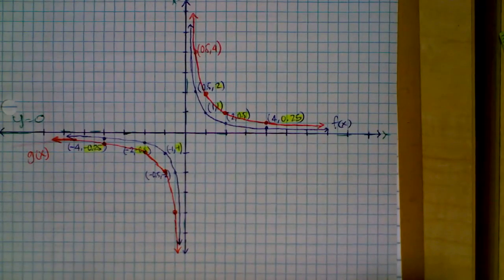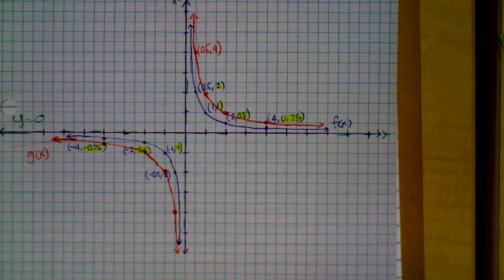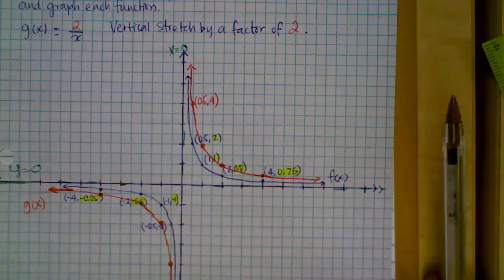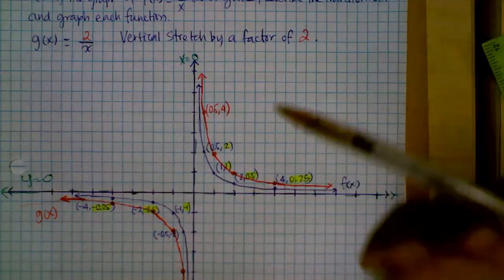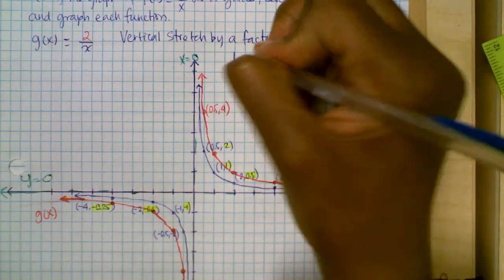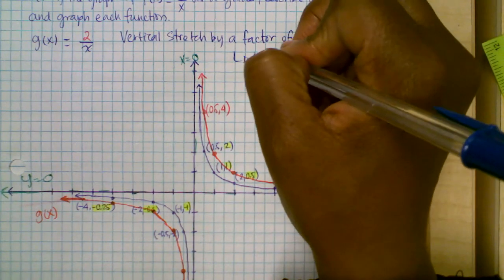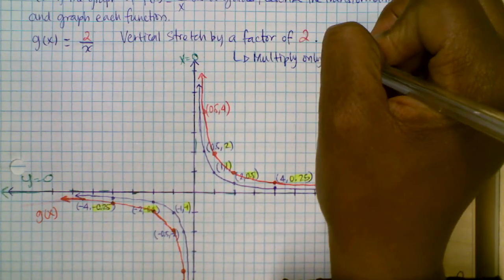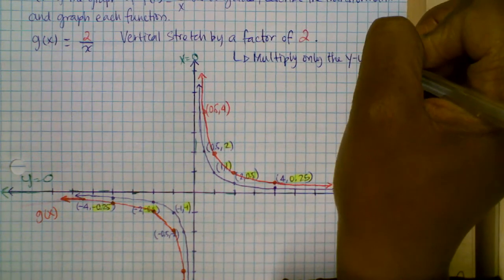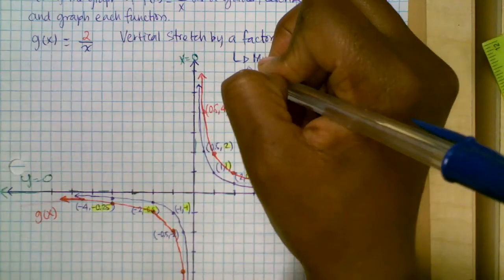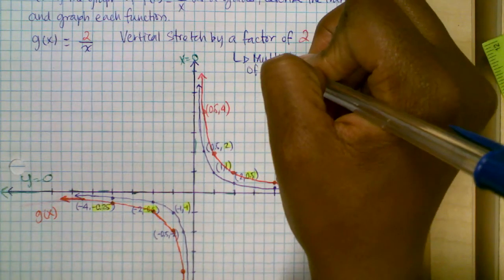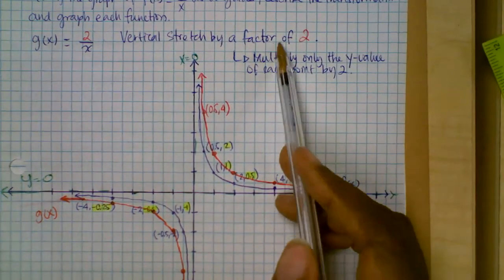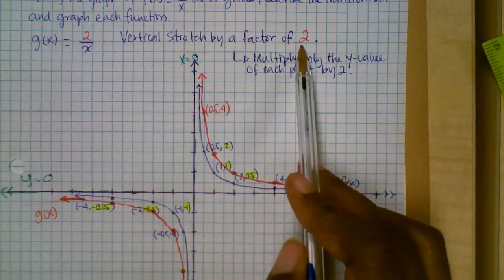Okay, we are done. So again, how do we graph the vertical stretch by a factor of 2? What I need you to remember here is to multiply only the y value of each point by 2, because it has been vertically stretched by a factor of 2.